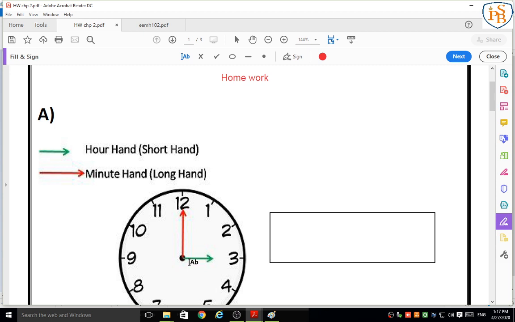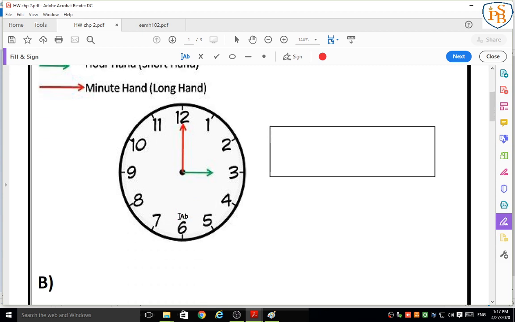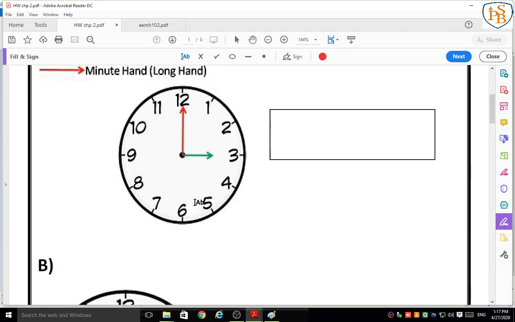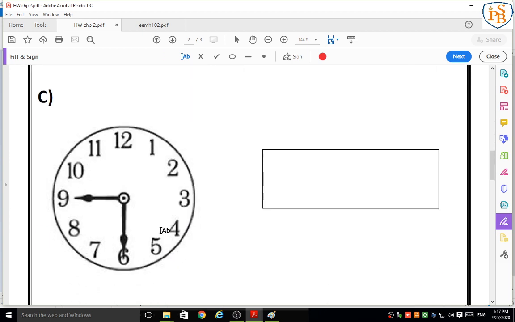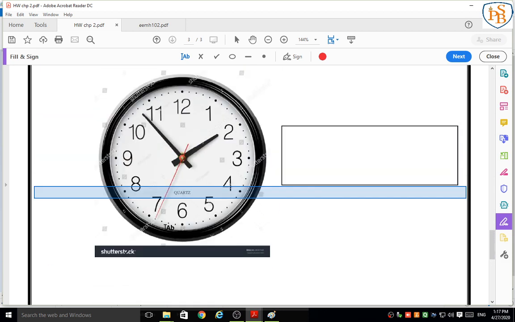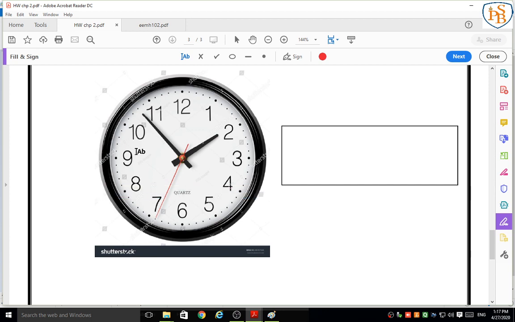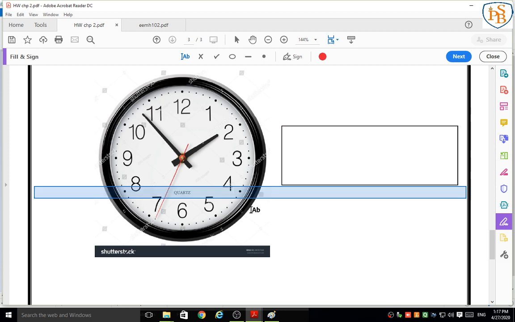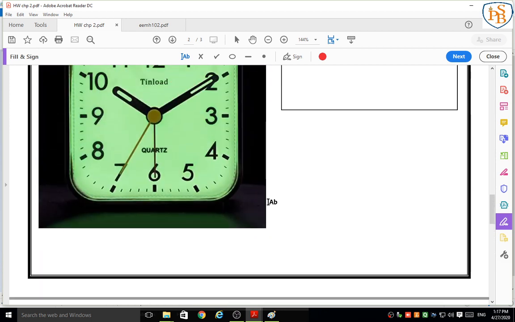Also I mention here, short hand means hour hand and long hand shows minute hand. So we have example A, and examples B, C, D and E. Only 5 examples. Okay students? Understood? If you are taking printouts, well and good. If it is not possible, simply draw the clock in your notebook, solve and write the answer in the box. Okay? Hopefully you understood all the points I covered.